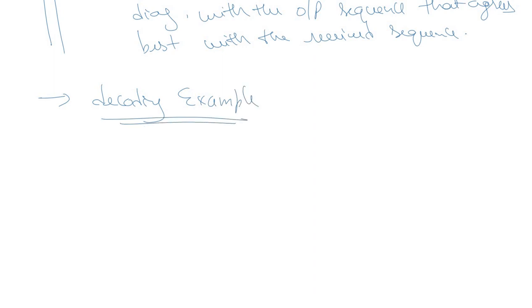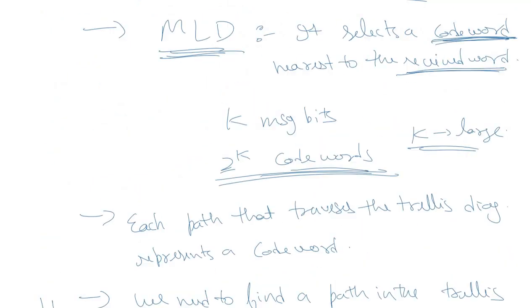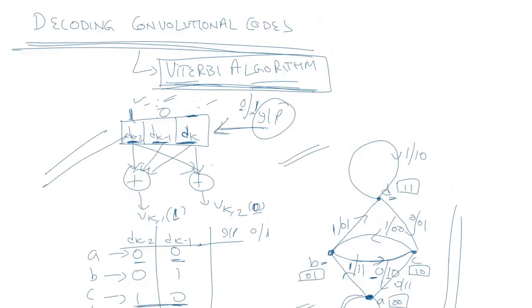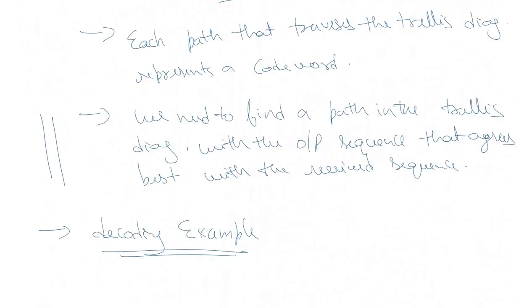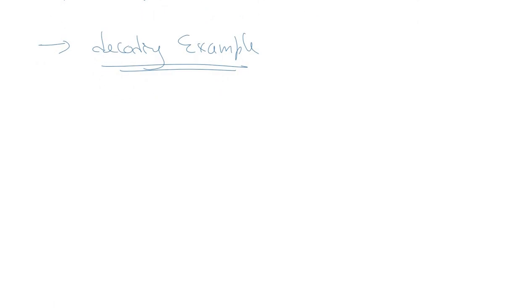Viterbi algorithm for maximum likelihood decoding of convolutional codes. We'll use the same convolutional code example that we discussed at the start of this lecture. We'll consider the same convolutional encoder, and for this we'll implement a Viterbi decoder.